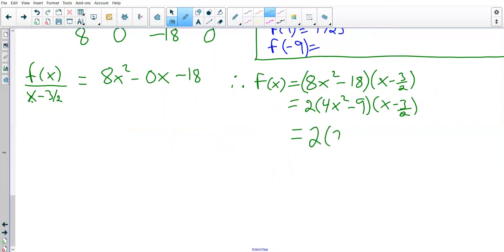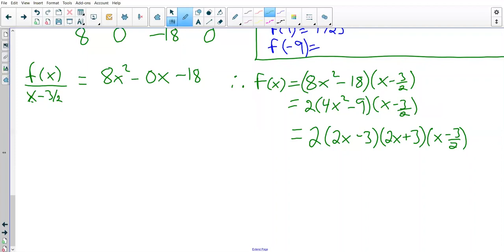Hopefully, we recognize that we have the difference of perfect squares happening here. And so I get factors of 2x minus 3 and 2x plus 3. And then I still had my factor of x minus 3 over 2. That gives me all of my factors. You can see that I'm going to get a few more factors there of 3 over 2 if I go through and solve it.